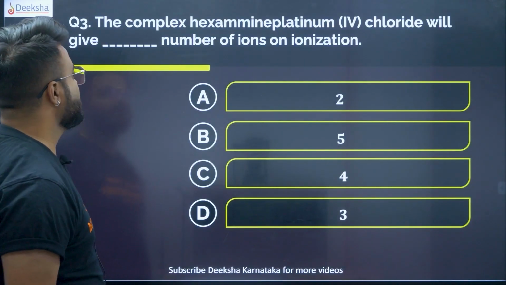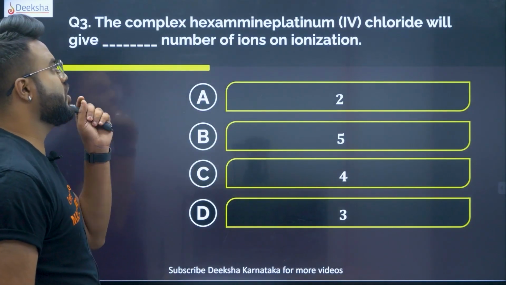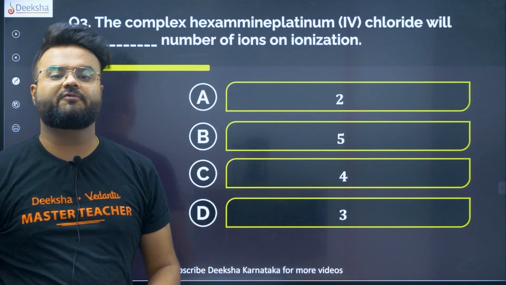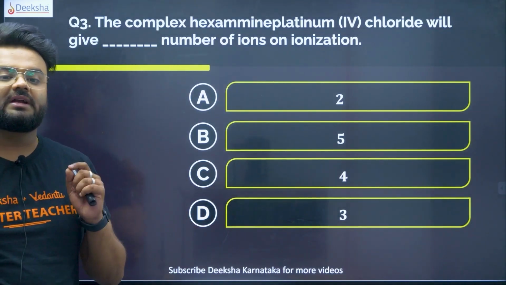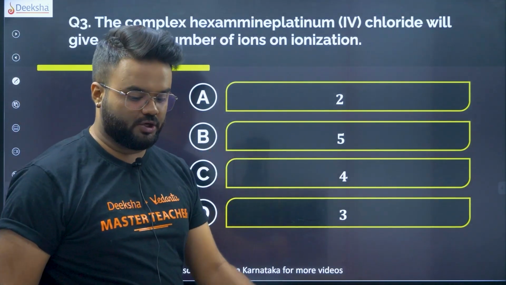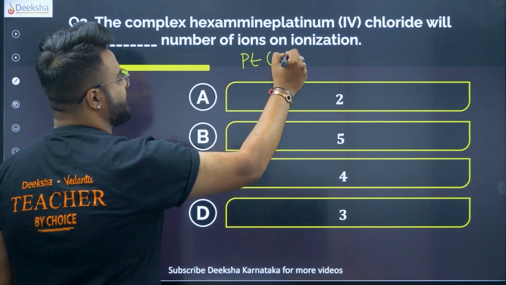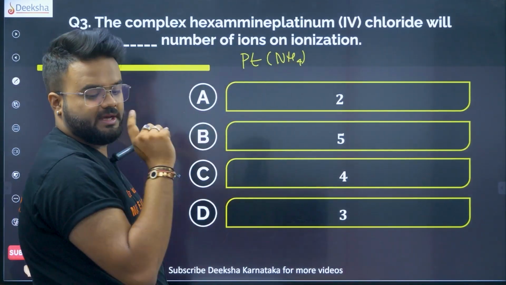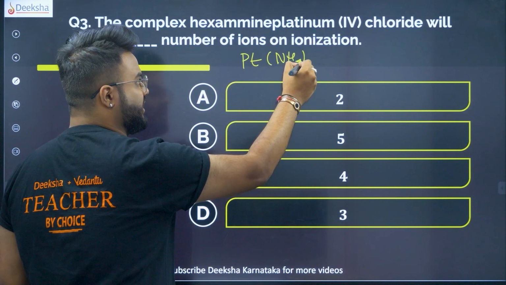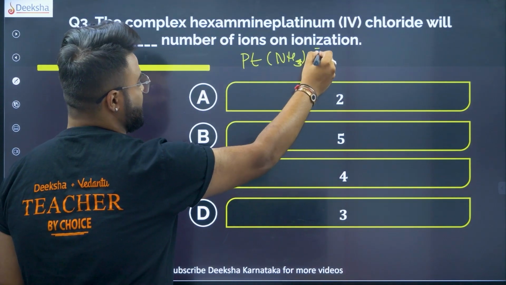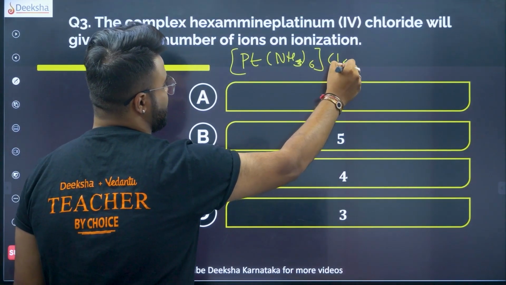Clear guys? Now coming back to question number 3. The complex hexaammineplatinum(IV) chloride gives dash number of ions on ionization. Now it is Pt(NH3)6, hexa, that is 6, and Cl4 outside.